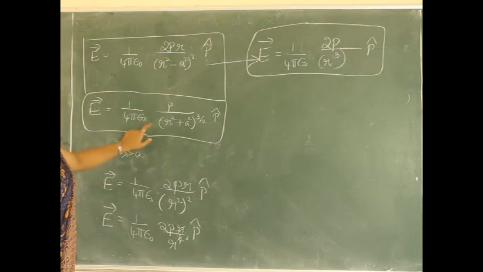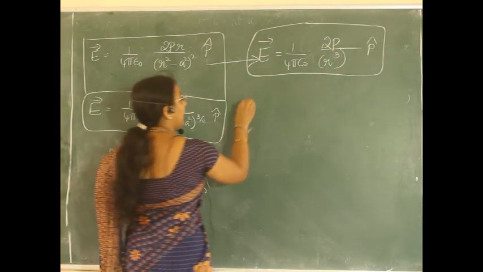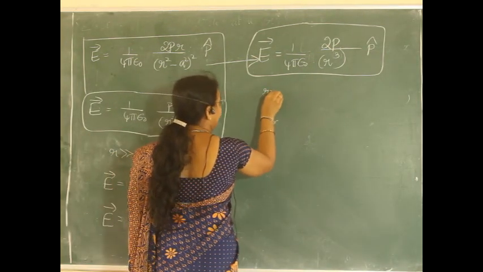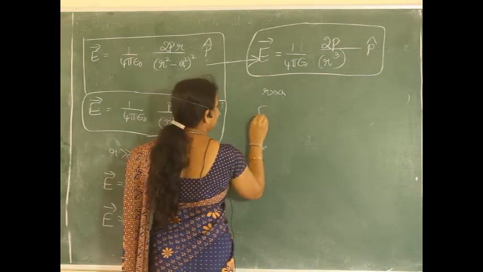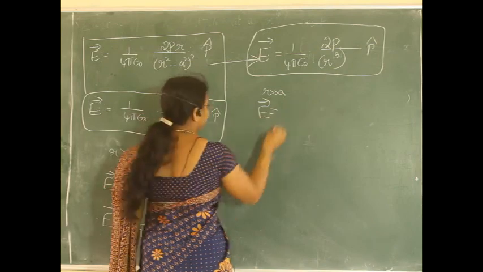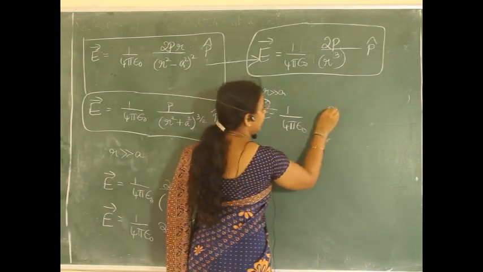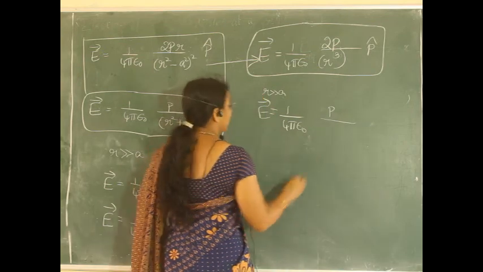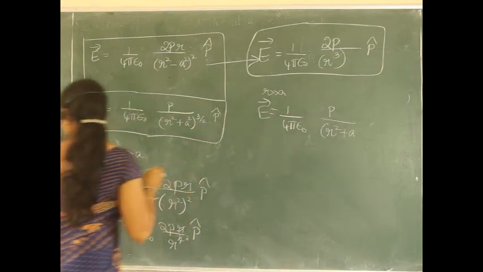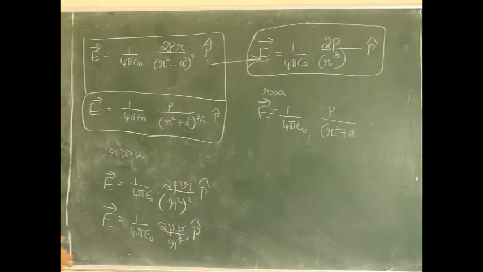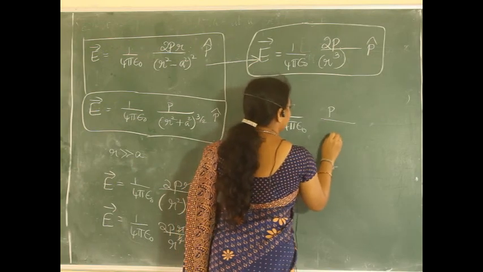For the equatorial derivation also, if R is greater than A, then the expression will become E vector equal to 1 by 4 pi epsilon naught, P divided by R squared plus A squared. Instead of A squared, now only R squared remains. Even though you add a small value to a bigger number, it will not change.